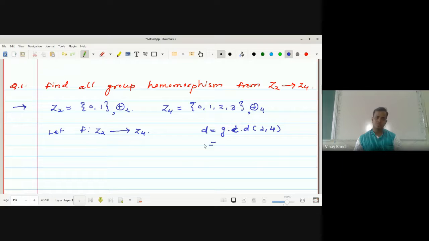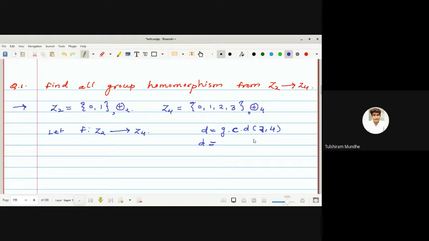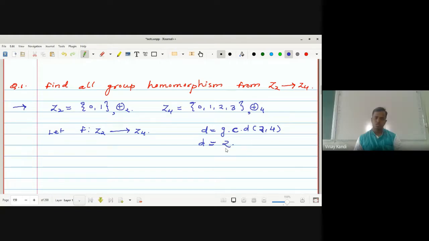What is the value of D? 2, sir. So there are two homomorphisms from Z2 to Z4.